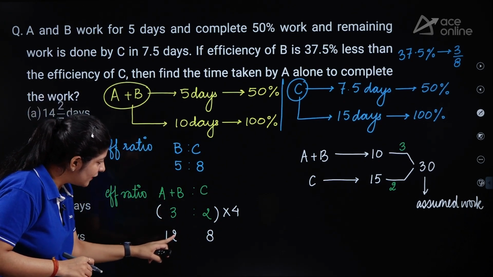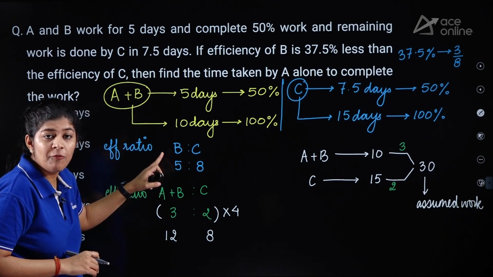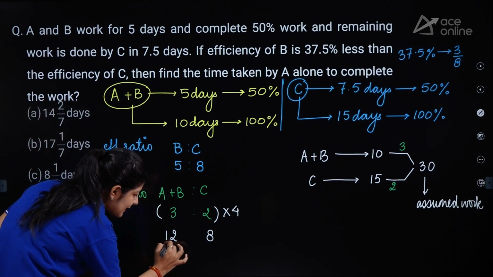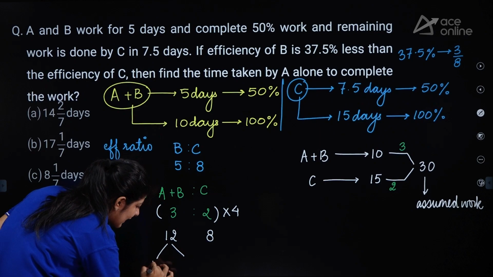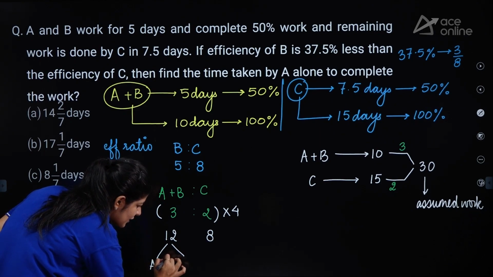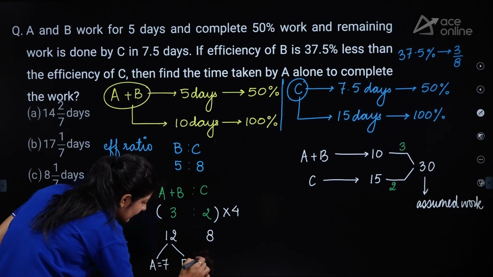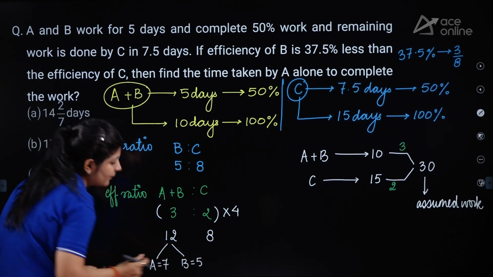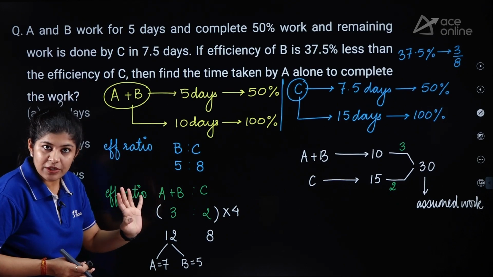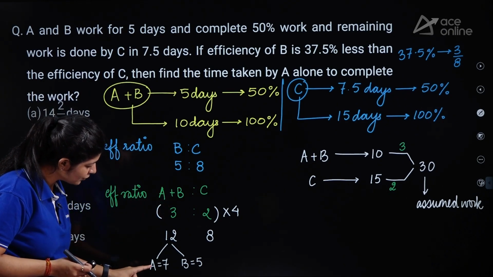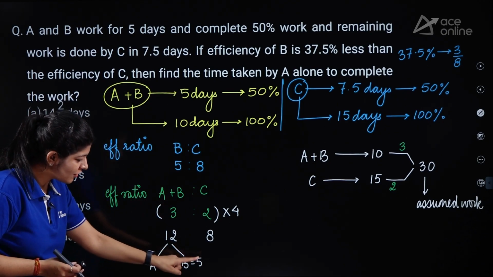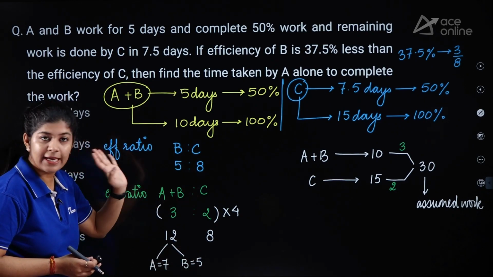But in this 12, I know that the efficiency of B is 5. So we can say that A has efficiency 7, and B has efficiency 5. Now we have the individual efficiencies: the efficiency of A is 7, of B is 5, and of C is 8, right?